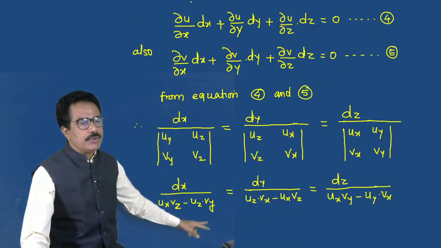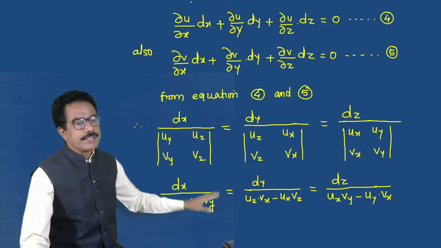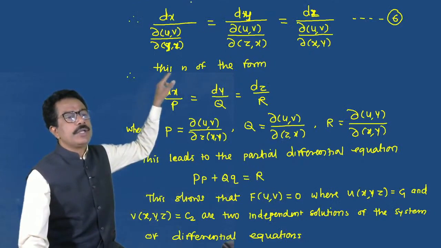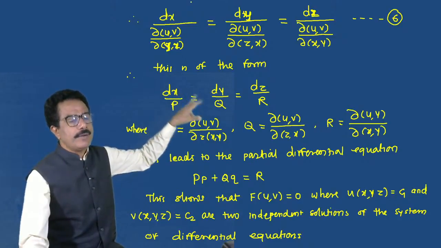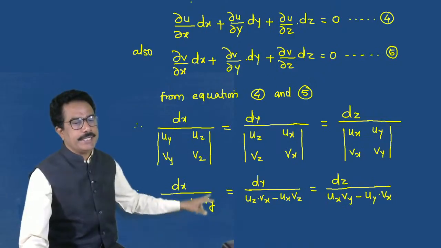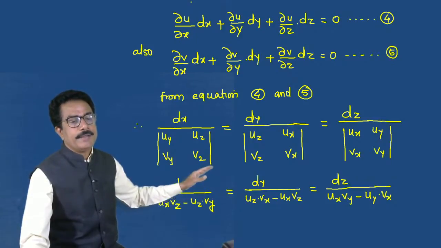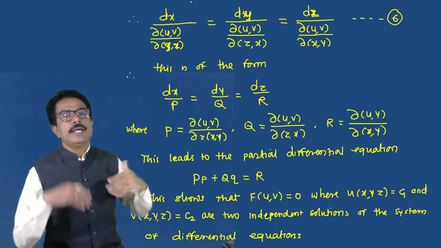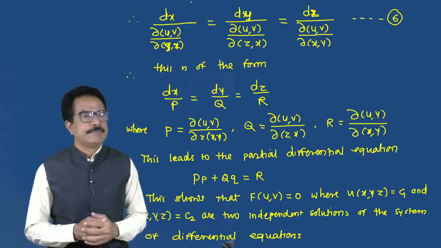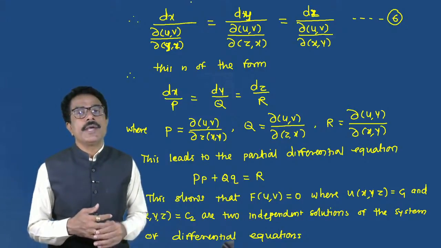Similarly, we can write uz vx minus ux vz, so dy divided by ∂(u,v) upon ∂(z,x). Third, dz divided by ux vy minus uy vx, that is ∂(u,v) upon ∂(x,y).